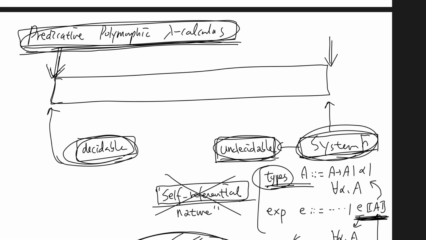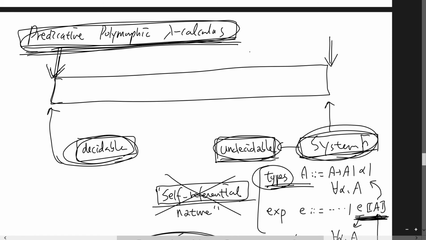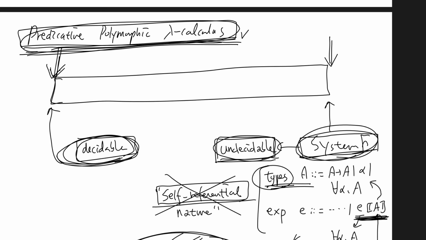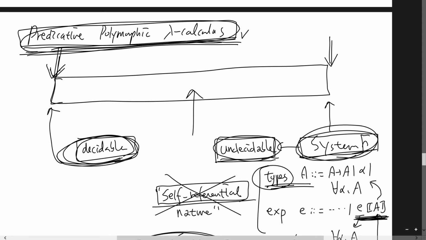Type reconstruction is undecidable. In the case of predicative polymorphic lambda calculus, precisely the opposite happens. The type reconstruction is of course decidable. We will not see why this is decidable, because later we will see a more powerful language that is still decidable. So as a corollary, predicative polymorphic lambda calculus is automatically decidable. I mean, type reconstruction is automatically decidable.